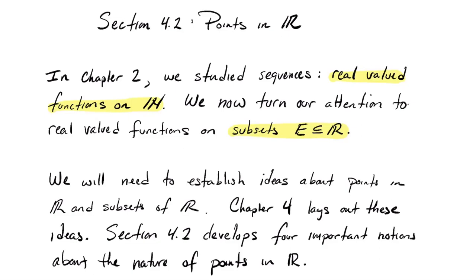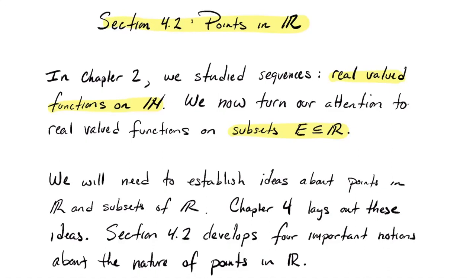We need to understand sets of real numbers and how they behave, what kind of characteristics they can have. And in this first section, section 4.2, we're going to mainly focus on points, elements of the real numbers, and how they are belonging to or nearly belonging to sets of real numbers.